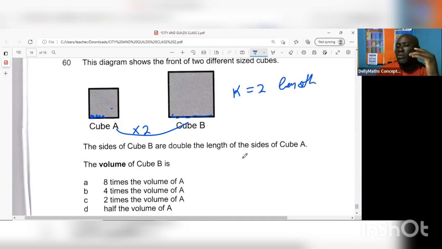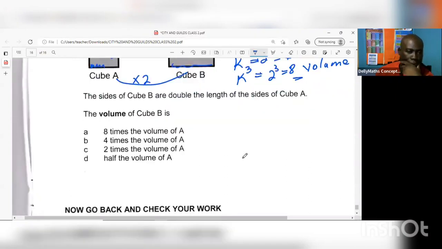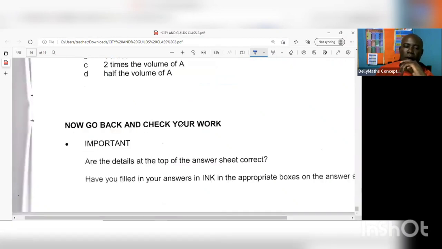If you want to find area, you square this, so the bigger one is 4 times. But for volume, you cube this and get 8. What it means is that based on the scale factor, the bigger one is 8 times the other one. That's that. All right, there it is.